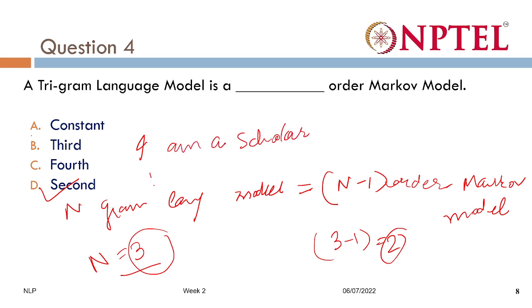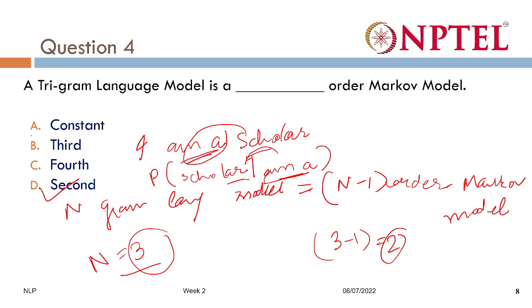If I want to compute the probability of scholar based on the conditional probability, I will take into account the previous two words, am and a.